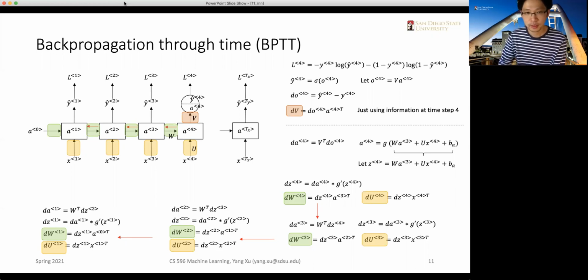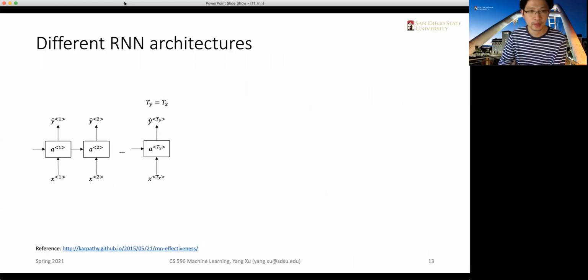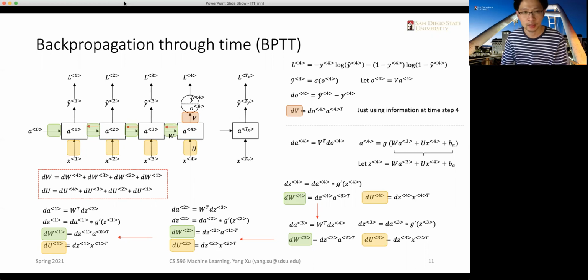Okay, so a common constraint that we put on the backpropagation through time, which I don't show here, is that we set a limit on how many steps we actually go back through time.